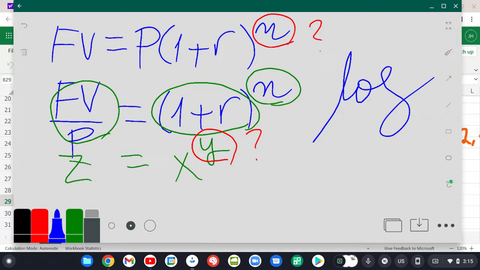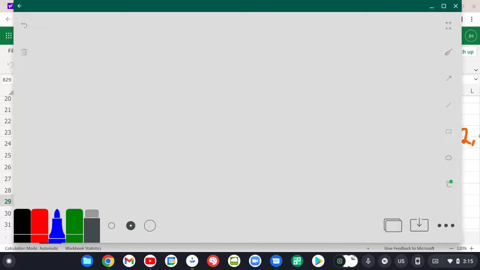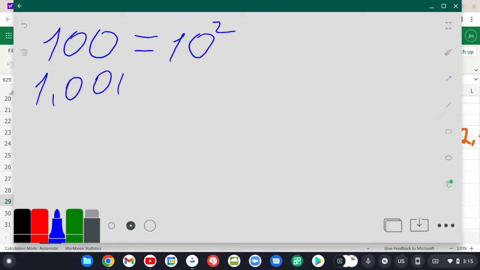So basically, log is a way of expressing a large number by the exponent of some base number. Okay, so what that means is basically we all know 100 can be expressed as 10 squared, and 1000 can be expressed as 10 cubed.